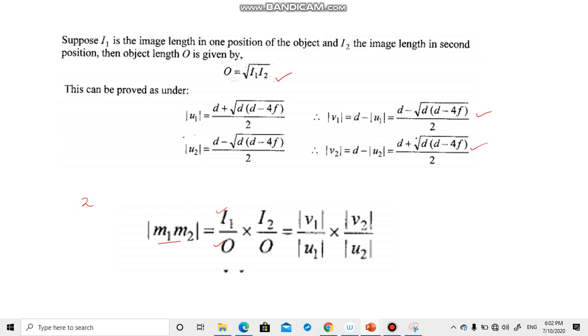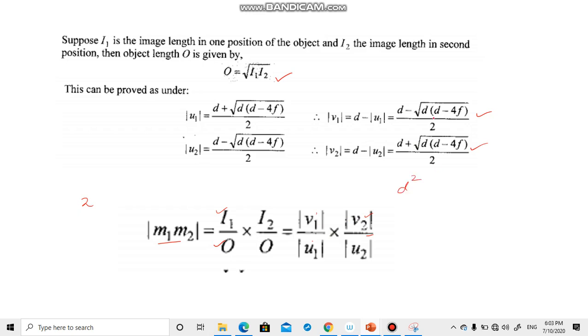I1 by O is basically V1 by U1 into V2 by U2. So it is V1 into V2. If you multiply these two, it is in the format of A minus B into A plus B, so you will get A square minus B square.